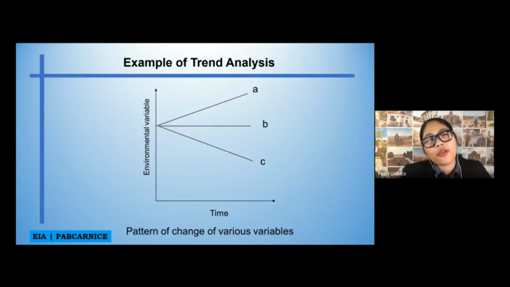Of course, you can also, based on previous studies or other studies, check what is the trend of their analysis based on their results. But basically, when we say trend analysis, we have to consider the time as to the effects or the impact of your study after a specific time.